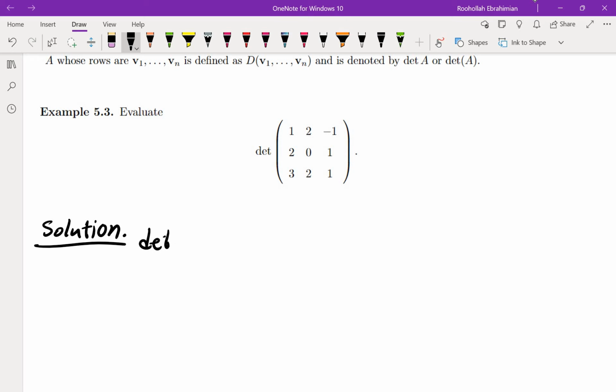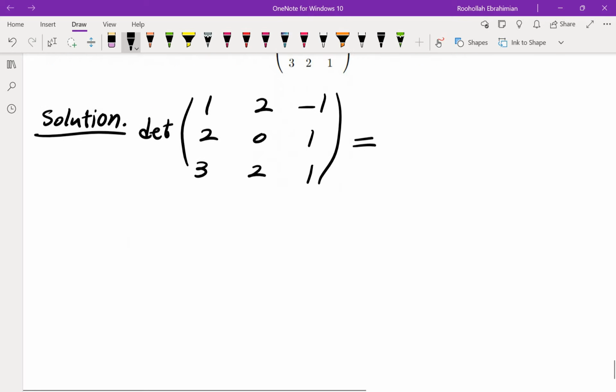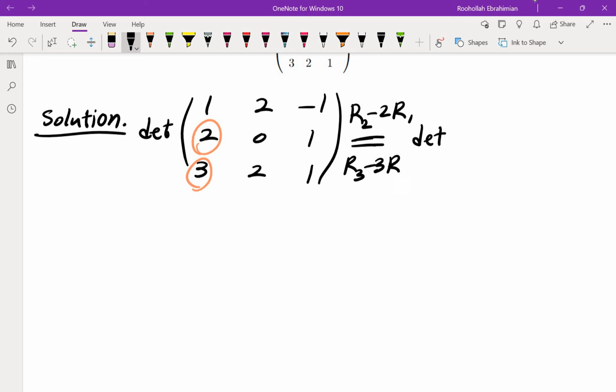So we would like to evaluate the determinant of 1, 2, negative 1, 2, 0, 1, 3, 2, 1. Okay, we are going to employ those row operations to turn this into the identity matrix. So this is going to be equal to, we're going to make these two 0 by applying row 2 minus 2 row 1, row 3 minus 3 row 1. 1, 2, negative 1.